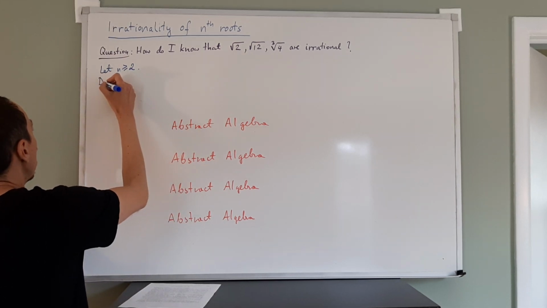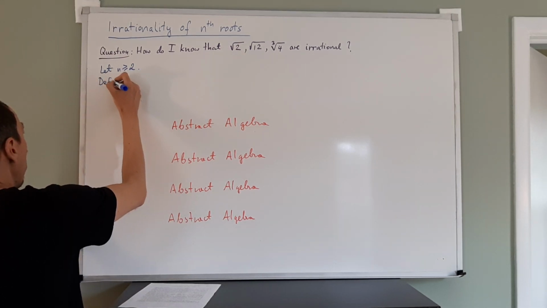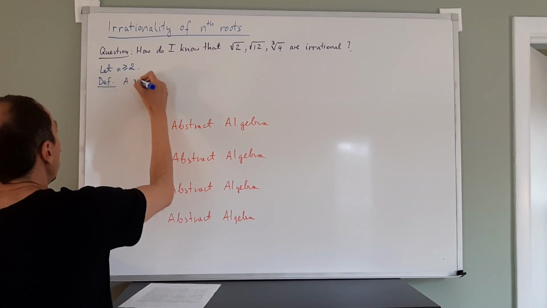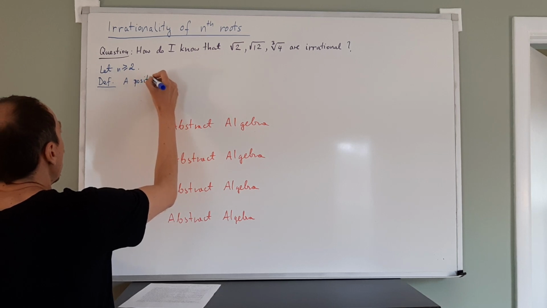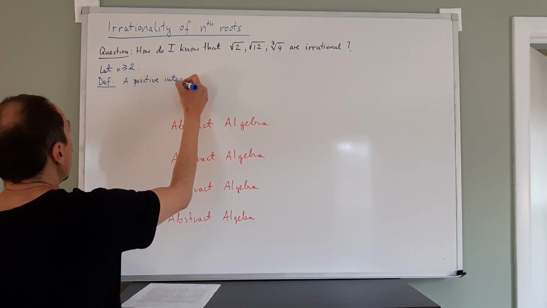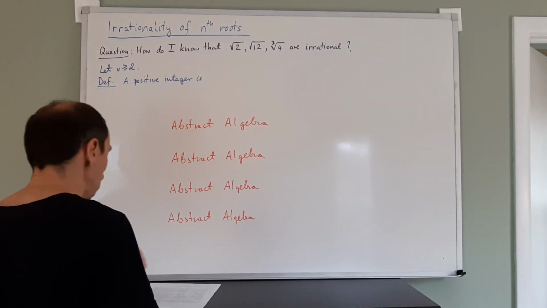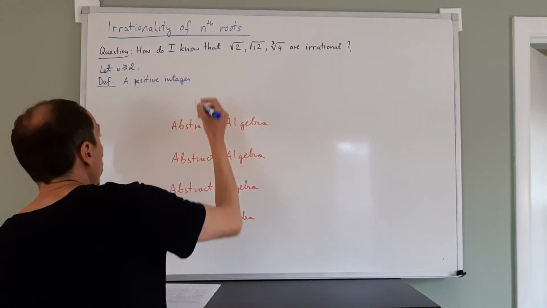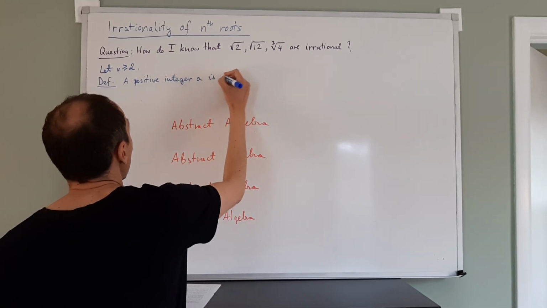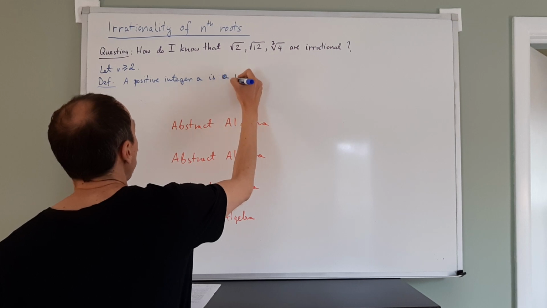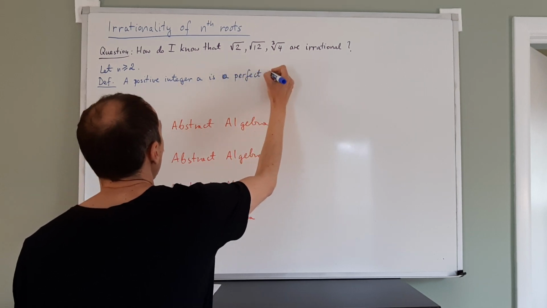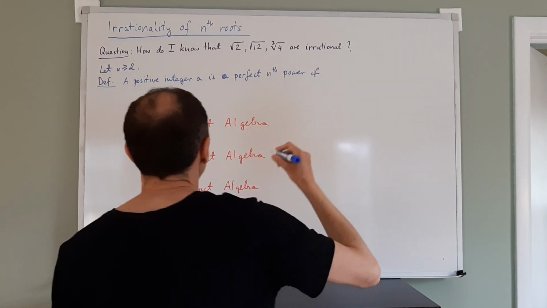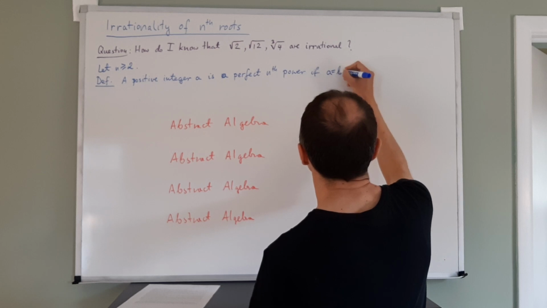Definition: a positive integer A is a perfect nth power if I can write A as b to the n.